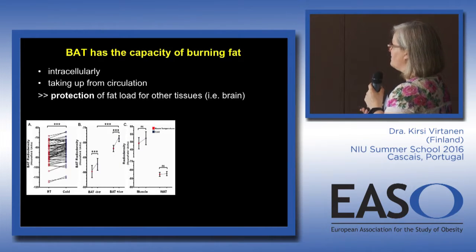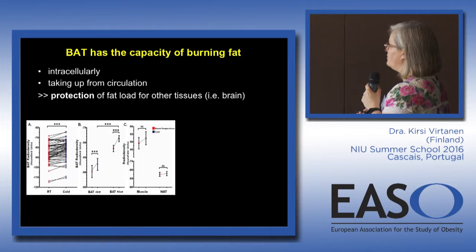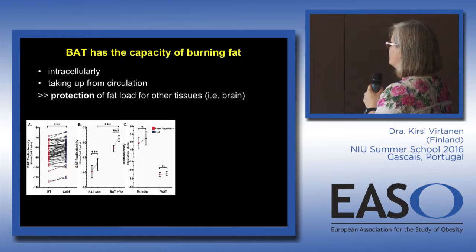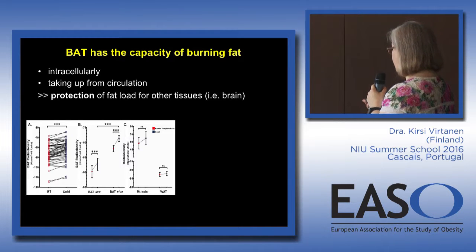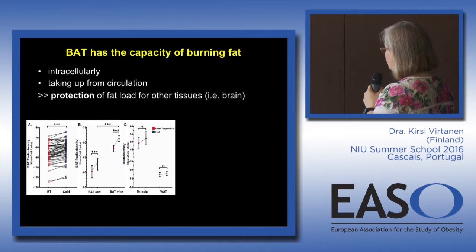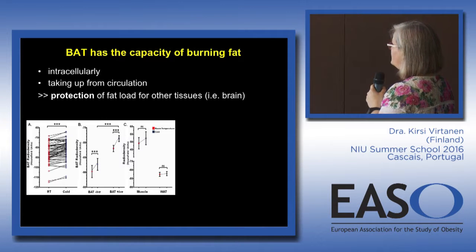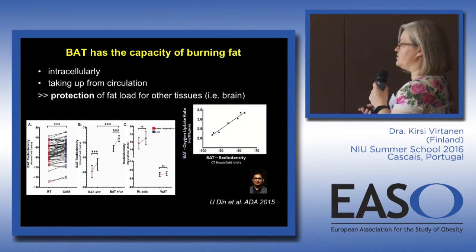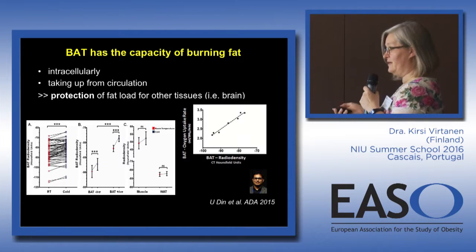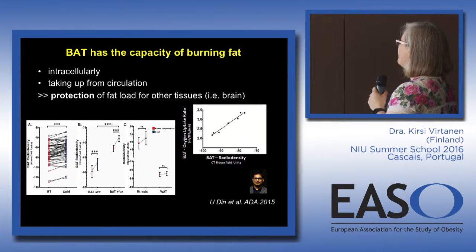And this is, again, found both in brown fat negative and brown fat positive subjects. And as I already mentioned, this oxygen uptake rate is related to triglyceride content in brown adipocytes, which is also related to fatty acid uptake, suggesting that the depletion really takes place.